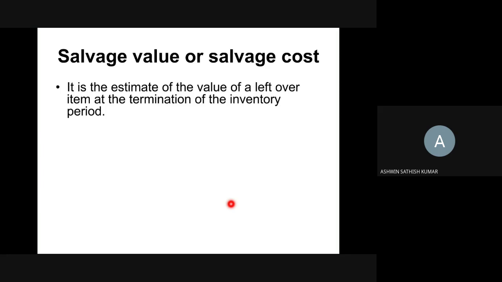If you are getting something, that will be termed as a salvage value. Means the value you are getting from the salvage amount, from the leftover item. From the leftover item you are getting some money, not whatever the actual you want, but you are getting something from the leftover item. That comes under the salvage value, right?